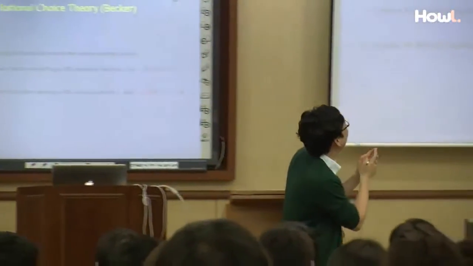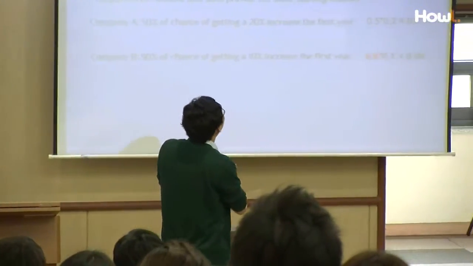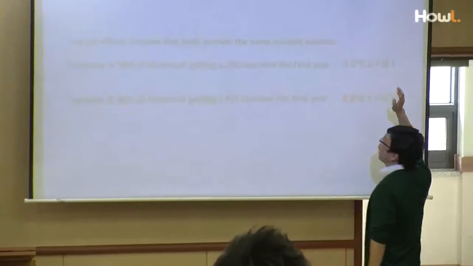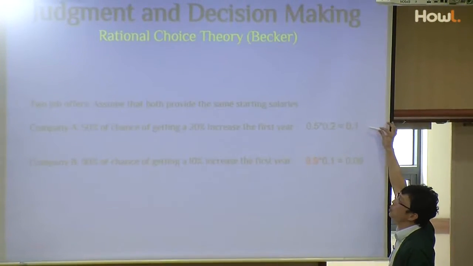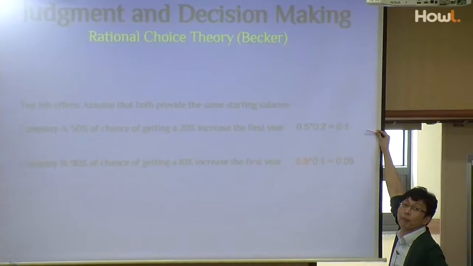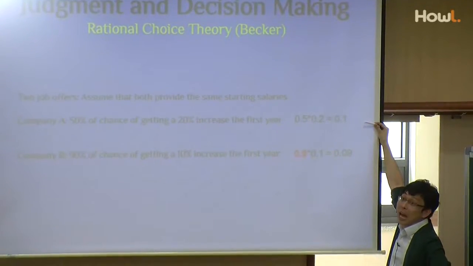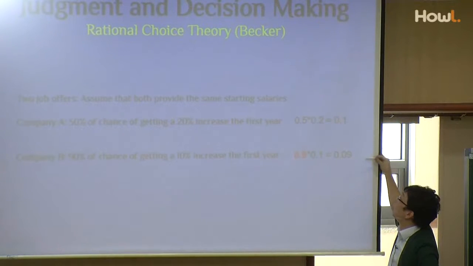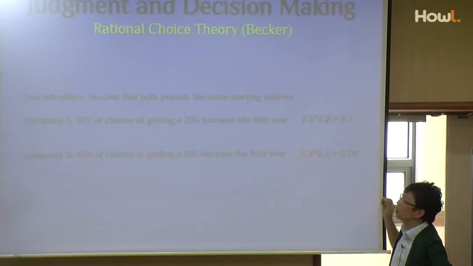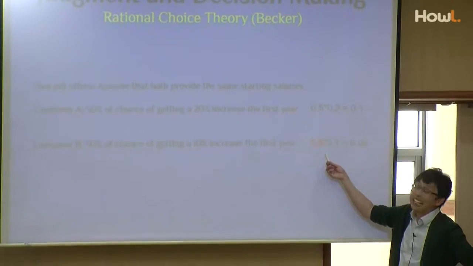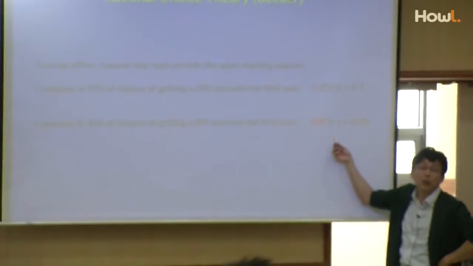So Tversky and Kahneman say, in terms of rational choice theory, we have to choose this one because there is a high probability, high likelihood. But they identified we choose this one because of your subjective probability.